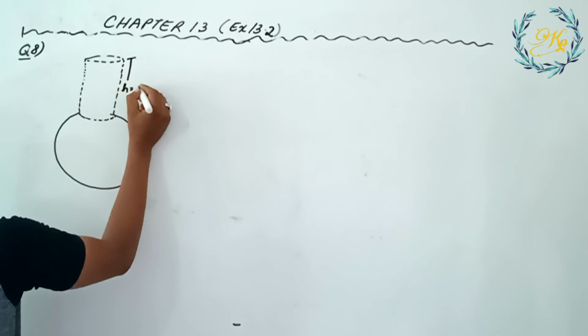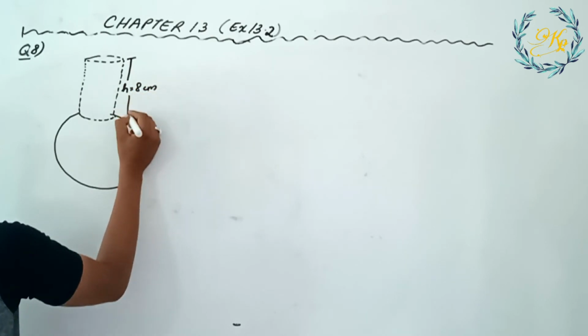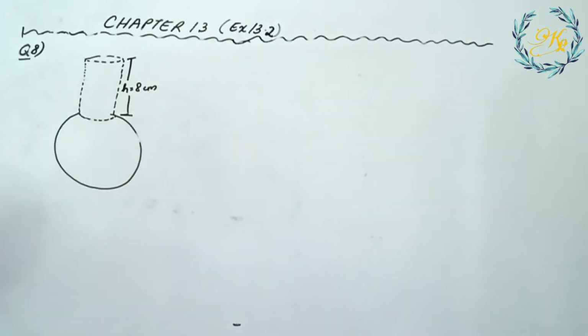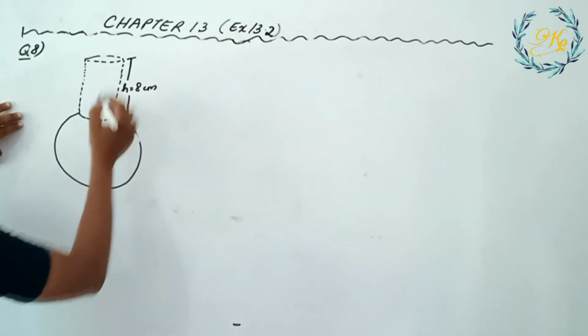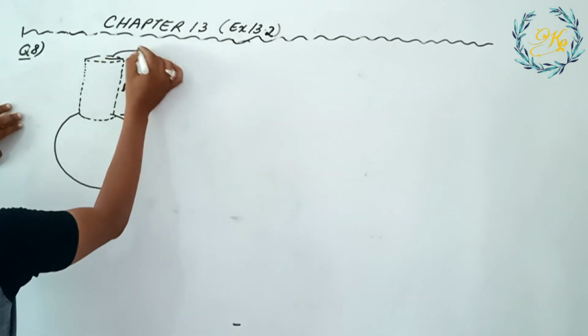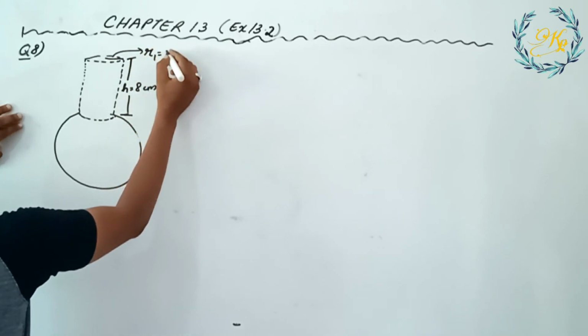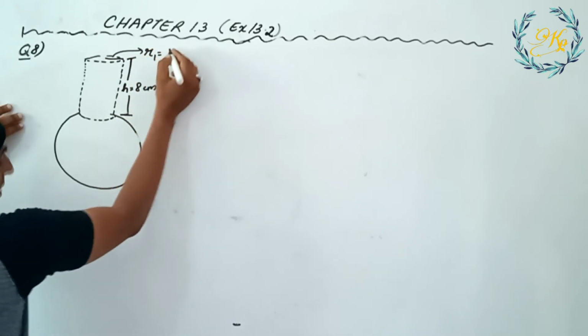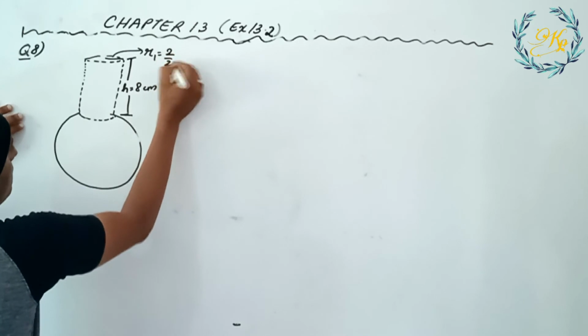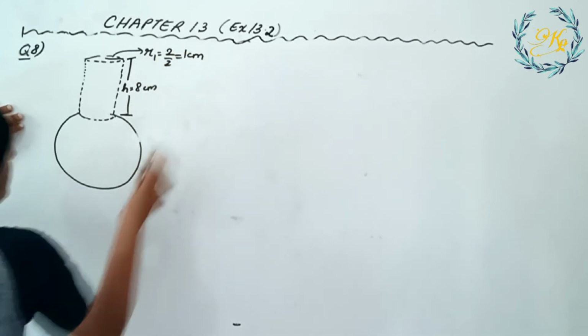The height of the cylinder is 8 cm. And also we are given that the diameter is 2 cm. So the radius of the cylindrical neck: the diameter is 2, so 2 upon 2, the radius will be 1 cm.